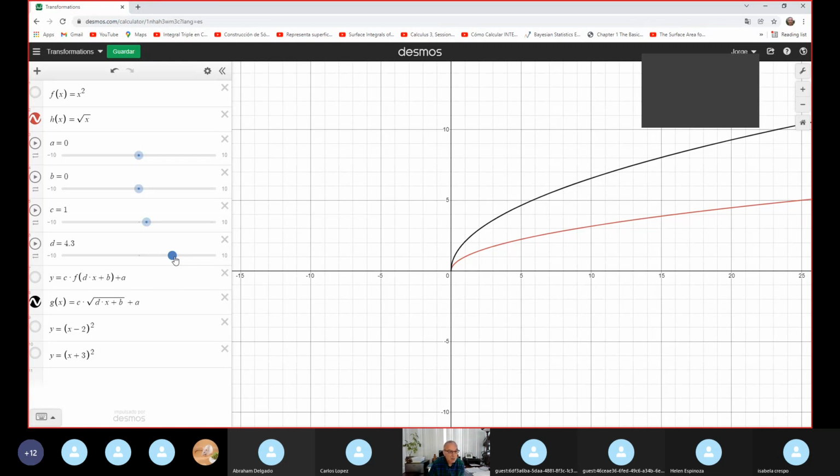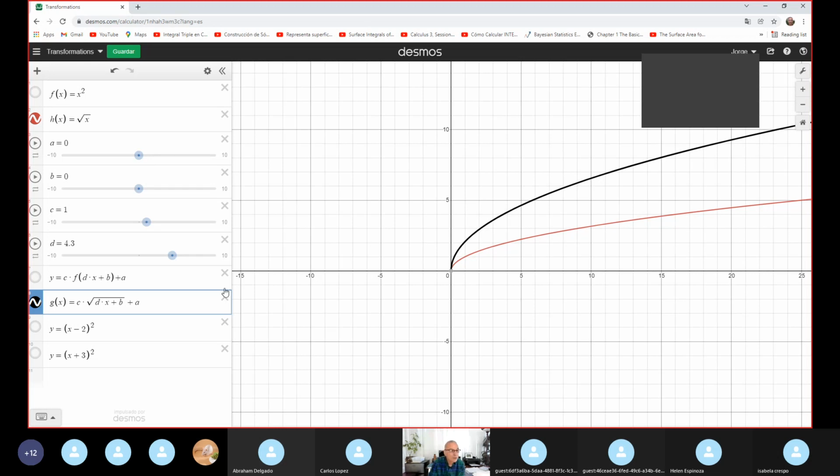This is like a horizontal compress because you compare, for example, one point here and the same point here, and you see it moved, a little bit compressed. The interpretation is like somebody pushing the curve to the left. So this is horizontal compress.